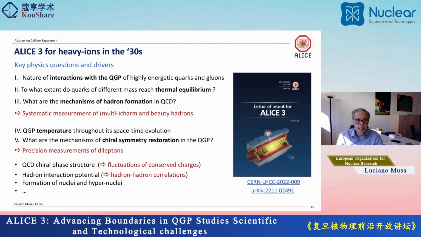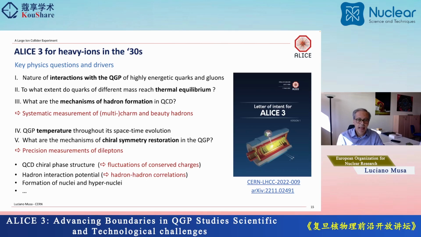So we believe that there will still be the need for new observables and higher precision to completely understand the nature of the interactions with the quark-gluon plasma of highly energetic quarks and gluons. So really to develop a detailed macroscopic picture of the interaction of energetic quarks and gluons with the QGP.